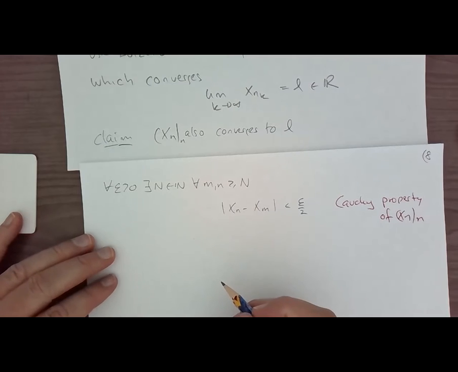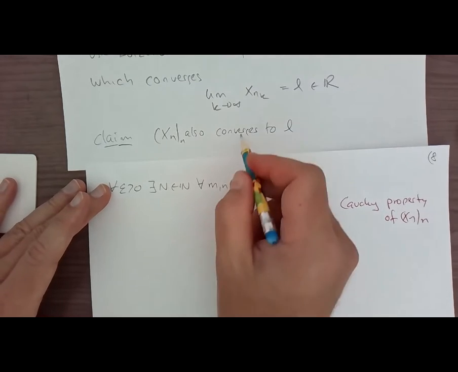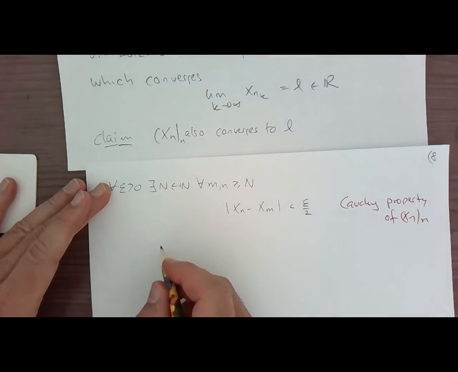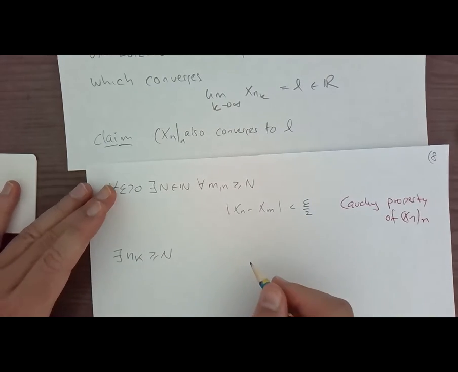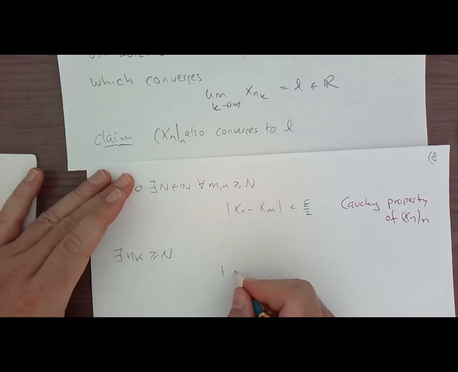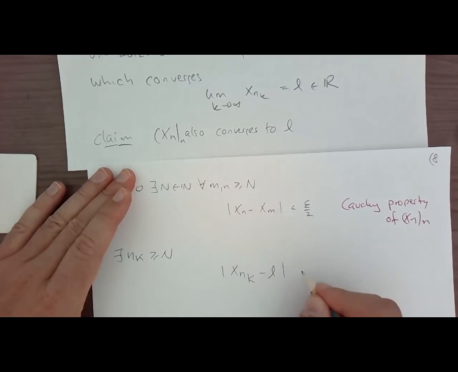And the other one says, from the subsequence convergence, that there exists an n_K bigger than N such that |x_{n_K} minus the limit| is going to be less than epsilon over 2.